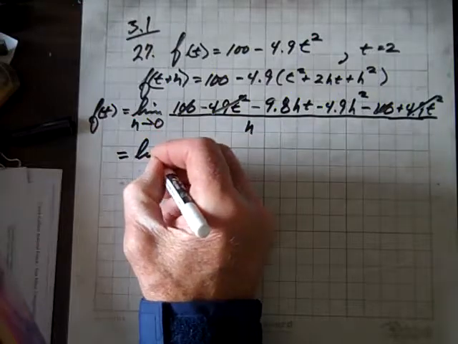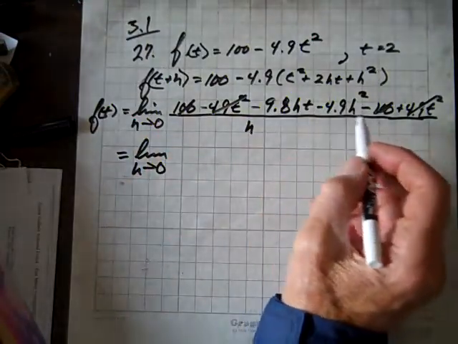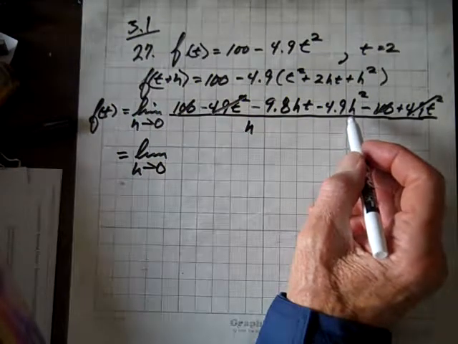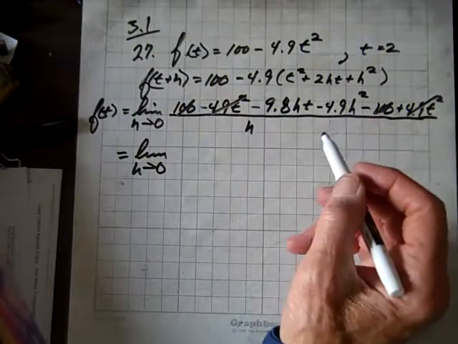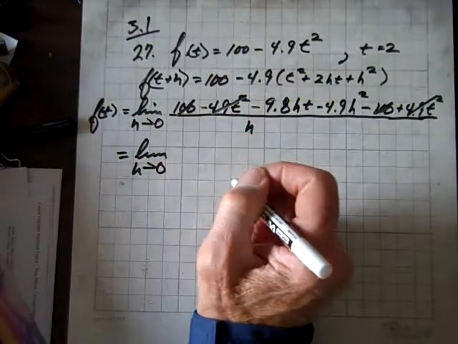So we've got the limit as h goes to 0, and we'll factor an h out of each of these terms.